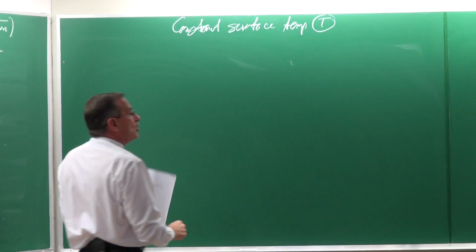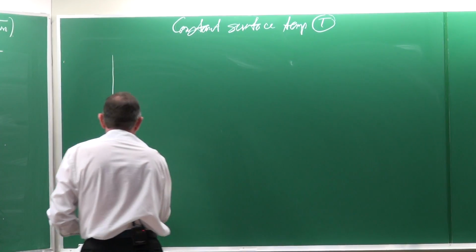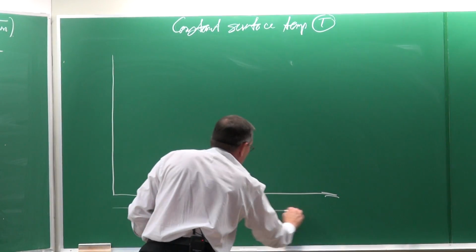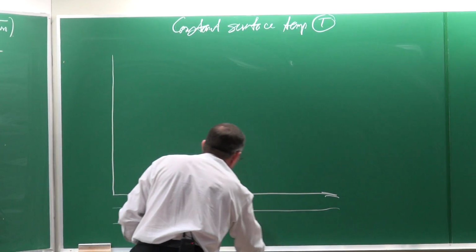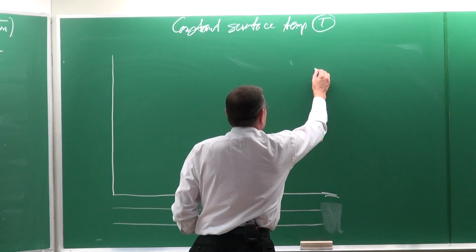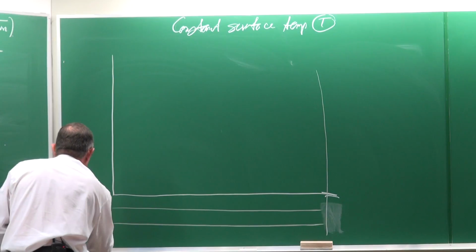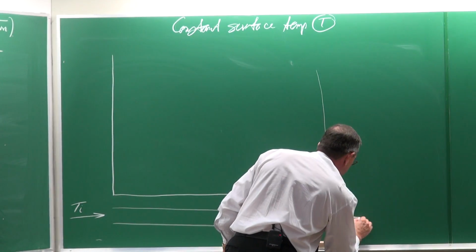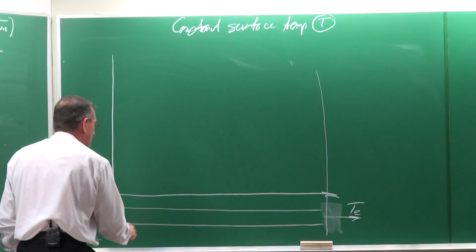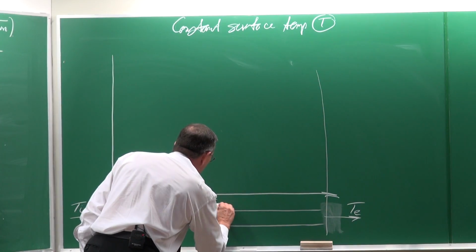Constant surface temperature. If we look at this case and we plot again the fluid temperature and the wall temperature as a function of x. So that's the inlet temperature and that is the outlet temperature. And what we now have is Ts is equal to a constant.